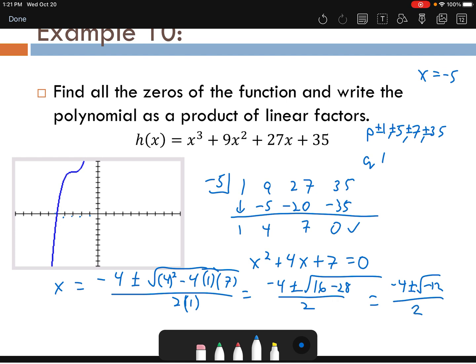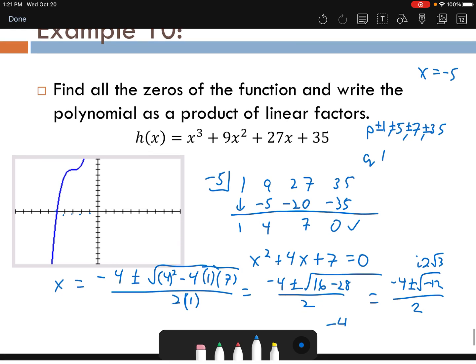Now, negative 12 obviously is going to be an i, but 12 breaks down into 4 and 3, which is 2 radical 3, and we need an i, so that's going to be negative 4 plus or minus 2i radical 3. Always write the i after the whole number, or the real number in front, whatever you want to say, and then divide 2 in all those places. And I think there's your 2 complex.